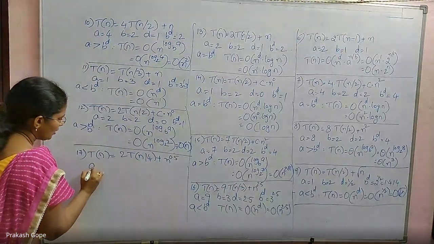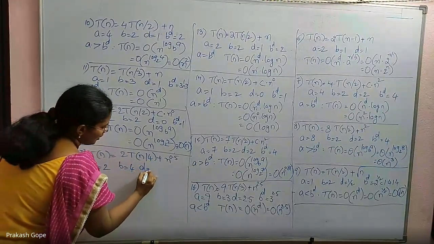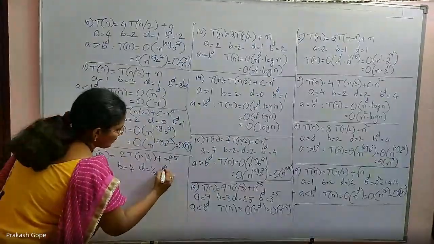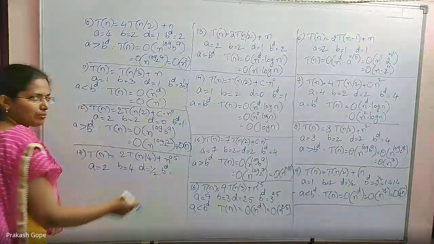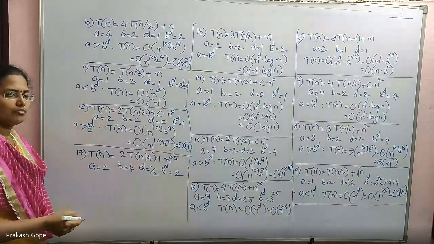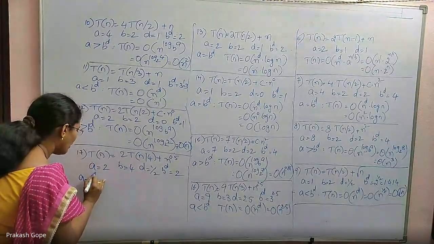Okay, so A is equal to 2, B is equal to 4, D is equal to 0.5, which means 1 by 2. What is B power D? 4 power 1 by 2, which means square root of 4. Square root of 4 is 2. A is 2, B power D is also 2, which is the A equal to B power D case.